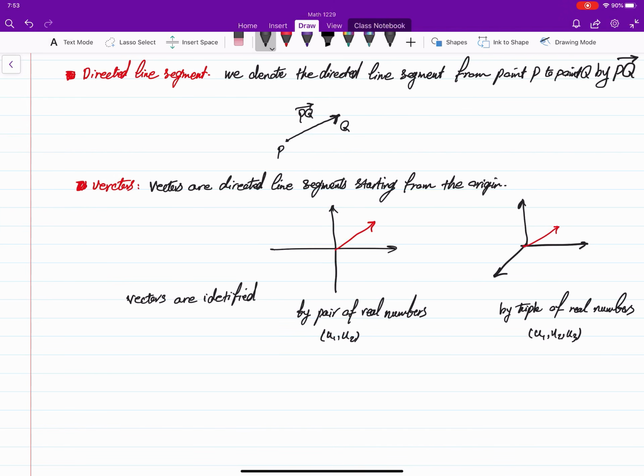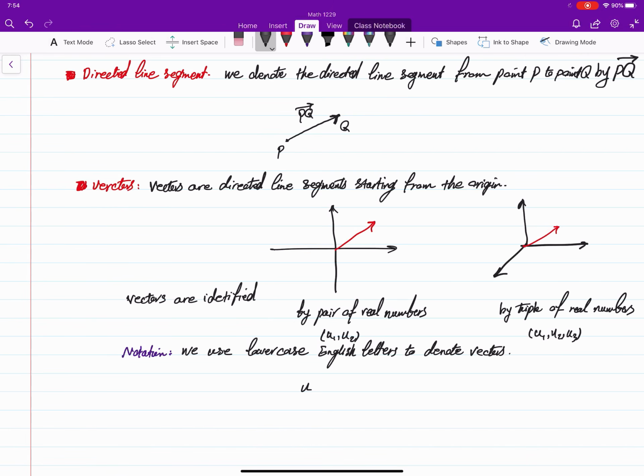Actually, the first thing is the notation. This is the notation of your book that we use lowercase English letters to denote vectors. Well, this is just the names. There is one thing that you will see me doing.